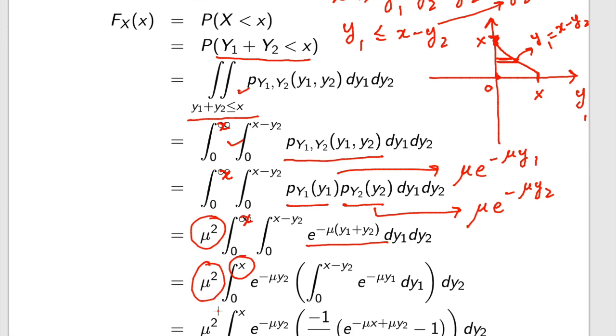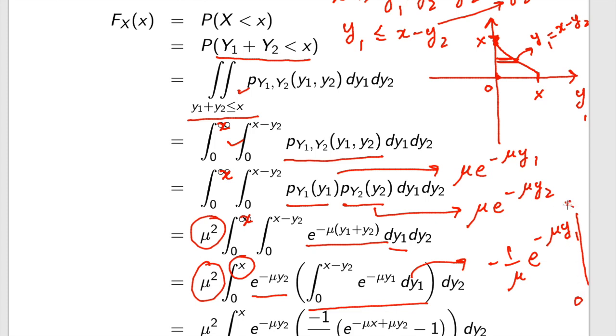Okay, and then we have mu squared here, and then what we did was, since the second integral only has Y1, we separated out our e to the minus mu Y2 here, and then we have this guy here. Now if we integrate this, we will get minus 1 over mu e to the minus mu Y1. Okay, and then Y1's limits will be from 0 to x minus Y2.